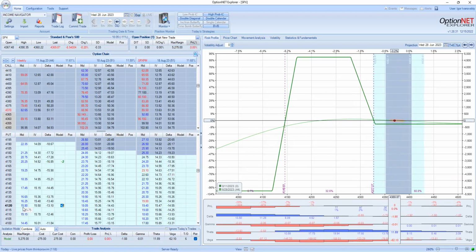The difference between 16.25 and 15.90, we're paying a 35-cent debit. So we have a $2.50 credit minus a 35-cent debit. Instead of collecting $2.50 on the upside, we're only collecting $2.15, but we're also shifting our risk. We're reducing our risk by $500.